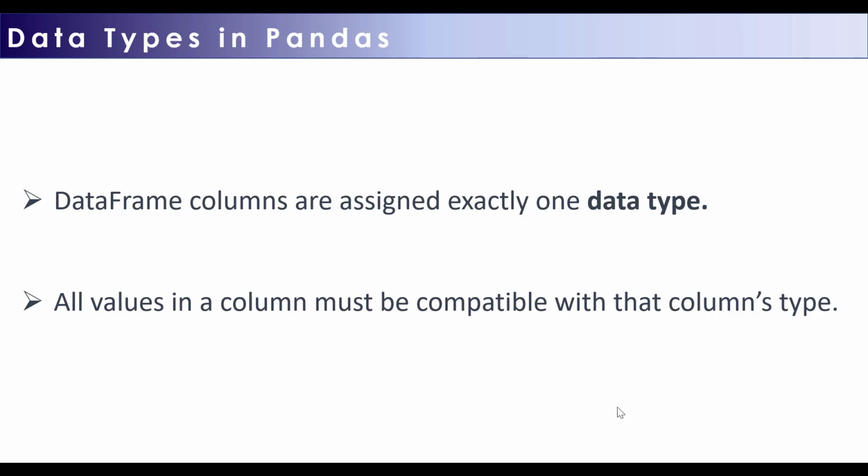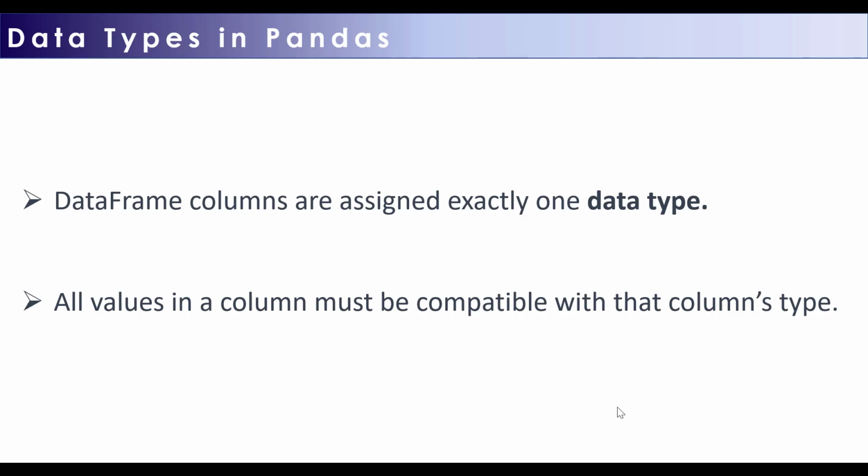You know how in an Excel spreadsheet, while it's not exactly a best practice, people commonly put all kinds of different data in a single column? Well, Pandas DataFrames are designed to prevent that exact type of disorganized data structure.